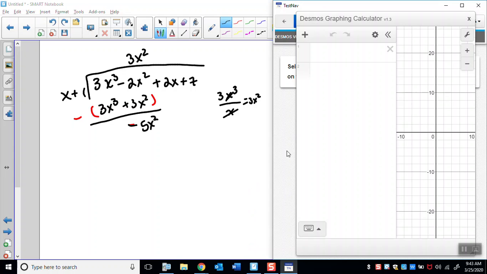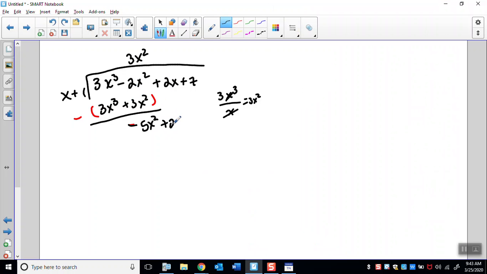After I have subtracted this, make sure to bring this down: 2x. Okay. All right, next, I'm going to take negative 5x squared and divide it by x. Take out an x, take out an x, you have x squared, so you have negative 5x.